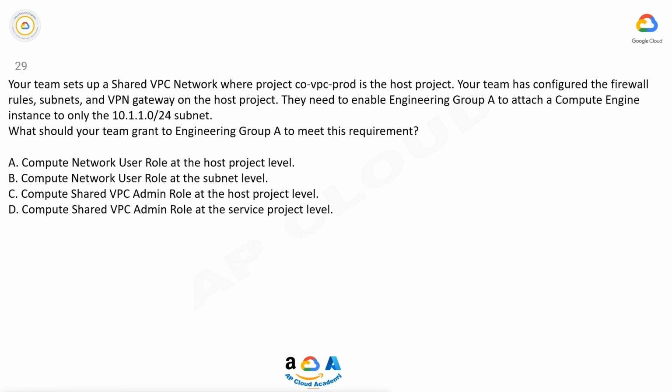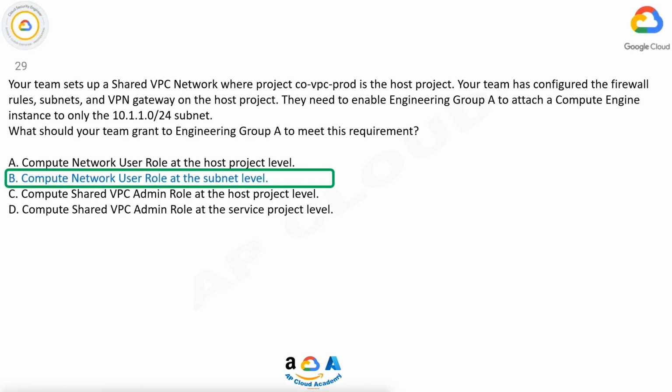A. Compute network user role at the host project level. B. Compute network user role at the subnet level. C. Compute shared VPC admin role at the host project level. D. Compute shared VPC admin role at the service project level. Correct answer, B.